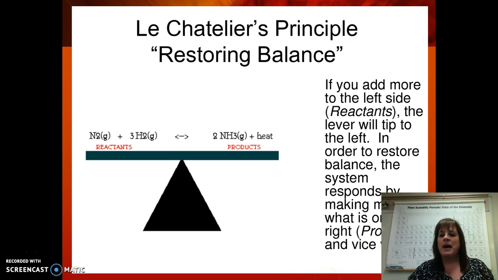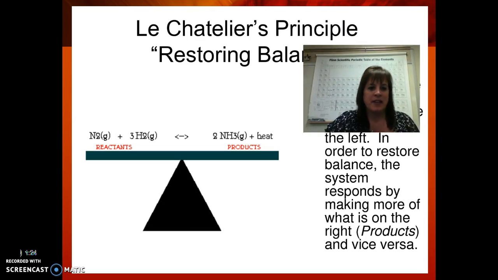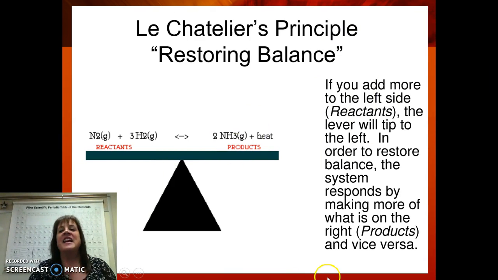So if we think about this stressful situation, it's like a teeter-totter of reactants and products. And if I add more reactants, so if I add more stuff to the left side of this, my reaction gets out of balance, and I'm not balanced anymore.